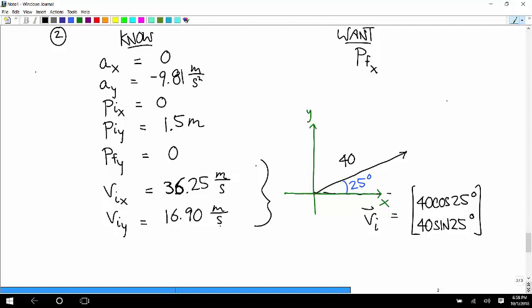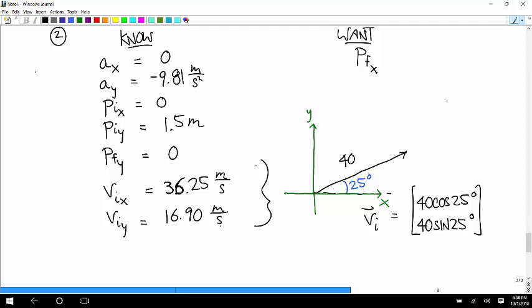So really, in our heads, we know that vfx is 36.25, but just don't write it down because it'll confuse you. It can sort of lead you astray when you go and look for equations that have the right number of variables.